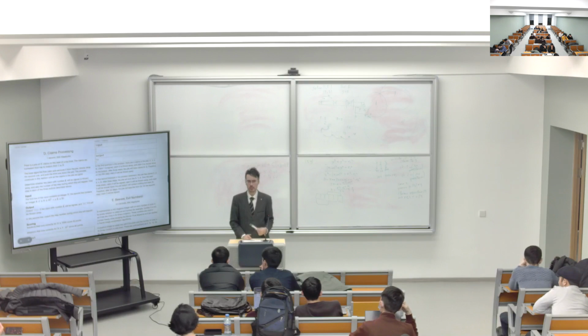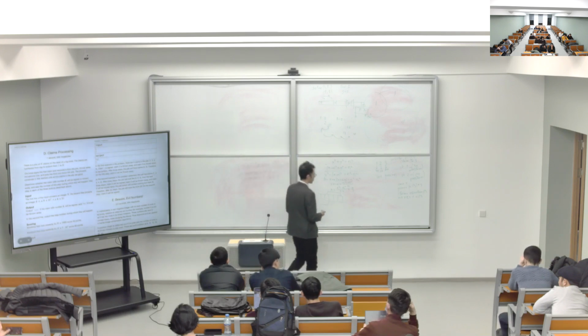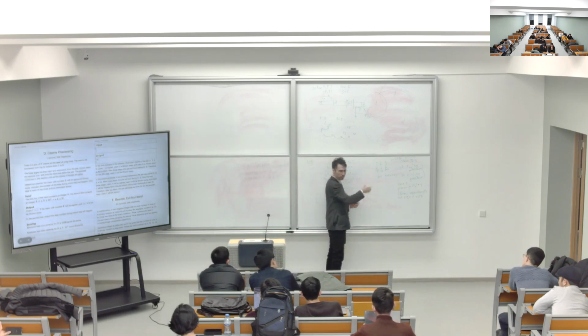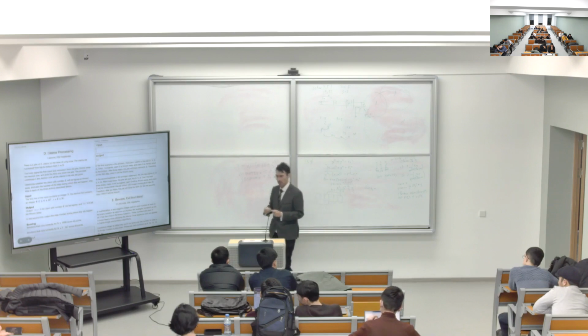What is the time complexity of this algorithm? Actually, it's just log n, because every time you just divide by 3, so it's log base 3 of n. So this is the complexity of the algorithm.